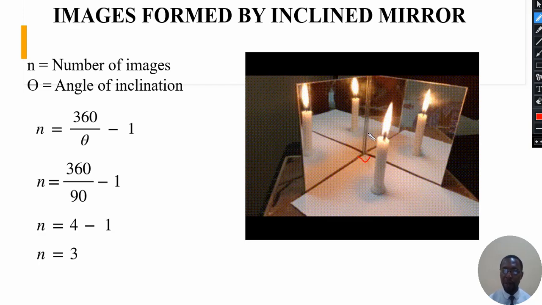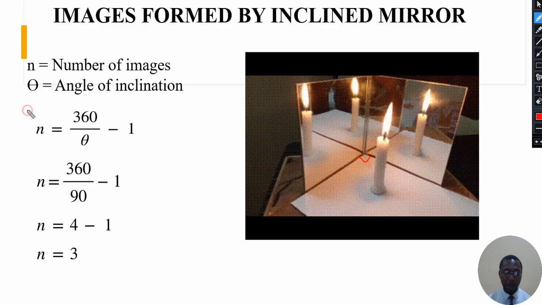I'd like to tell us that the number of images formed by inclined mirrors, that is, mirrors at an angle to each other, is dependent on the angle at which they are inclined. And this is the formula for it.